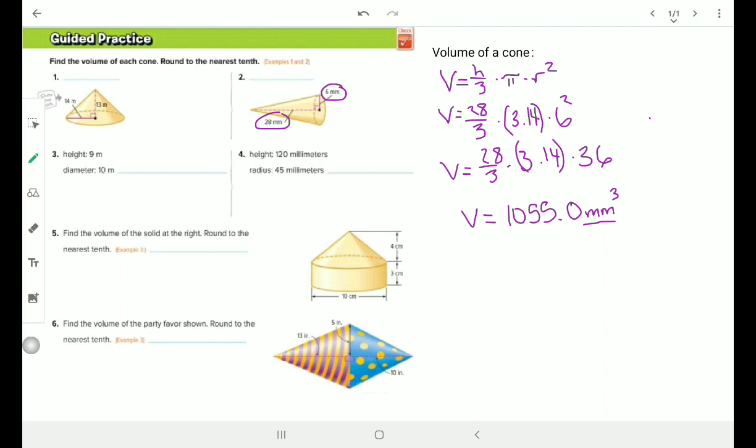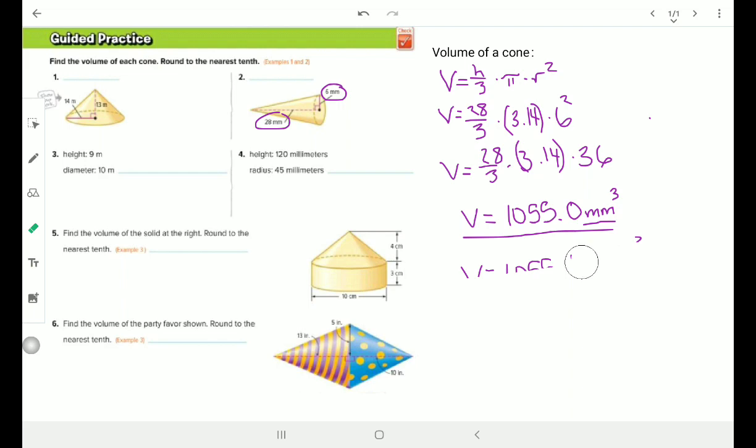If you use the pi button, or a larger decimal value of pi, you will get 1,055.6 millimeters cubed. Like I said, it doesn't matter to me if you use 3.14 or the pi button. You'll still get pretty close to your answer. But just know that if you use 3.14, this will be your answer, and if you use the pi button on your calculator, you will get this answer. Either way, you're pretty close. And that's how you would do number 2.